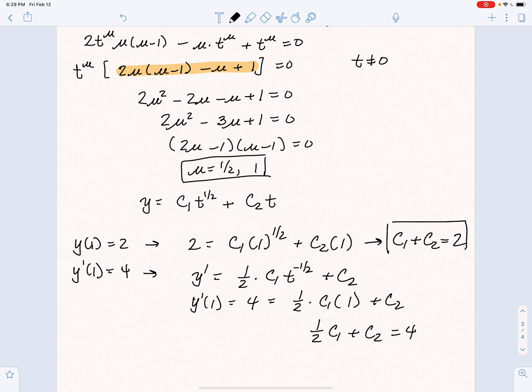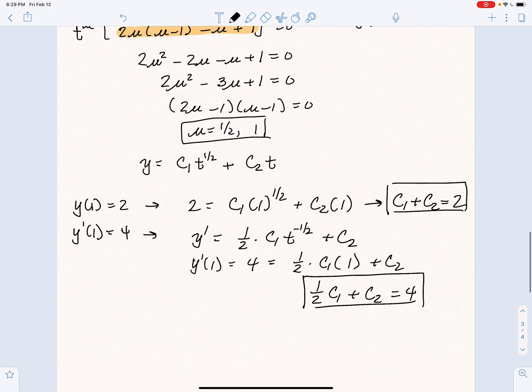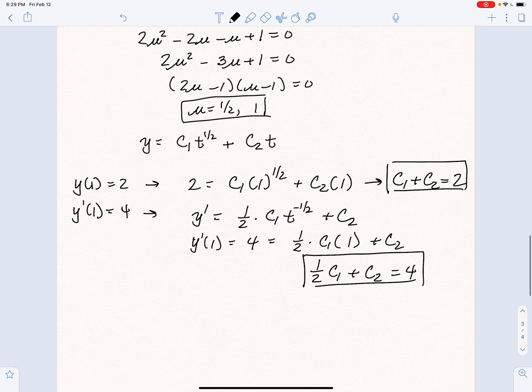So there's our two equations, and we could either use substitution, elimination, use a matrix and do reduced row echelon form, whatever floats your boat. I'm just going to subtract one equation from the other, so I'm going to subtract this from this. So I have c1 minus 1/2 c1, so that's going to be 1/2 c1. c2 minus c2 is 0. That's why I'm subtracting.